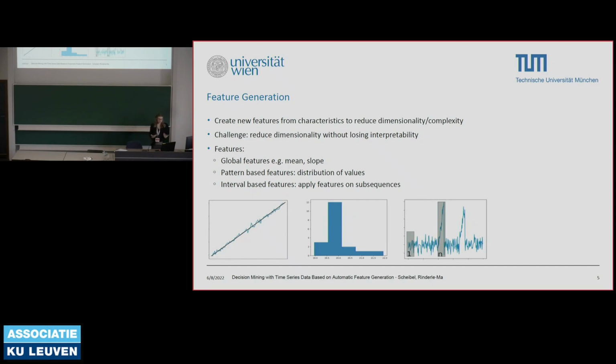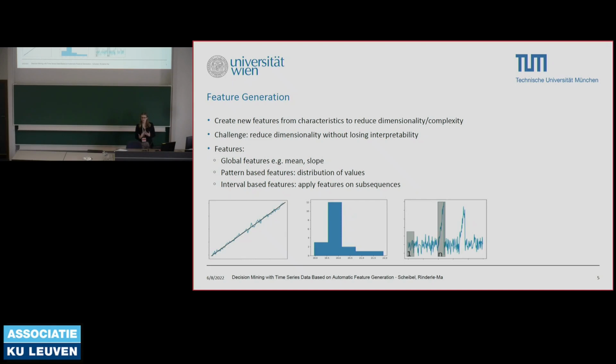For us specifically, the challenge was also that we don't want to reduce the dimensionality by such an extent that we lose the interpretability, so we still want to keep as much of the information as we can, so it can still be interpreted by humans at the end of the approach.